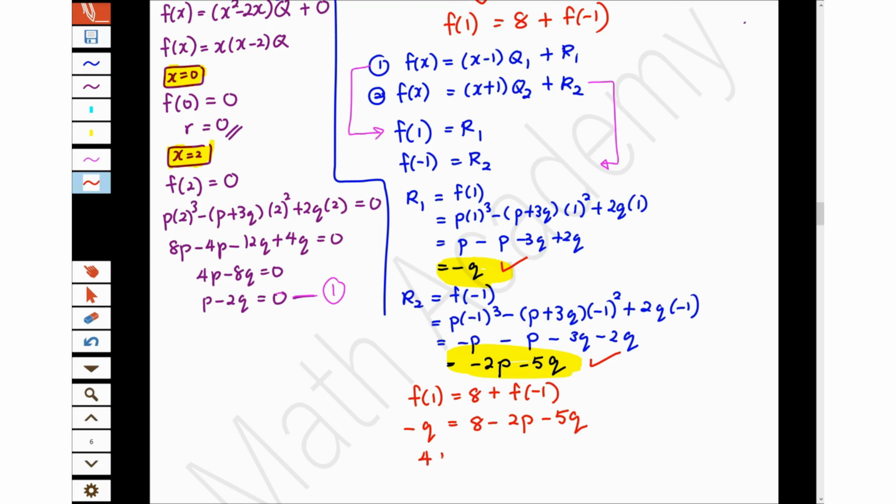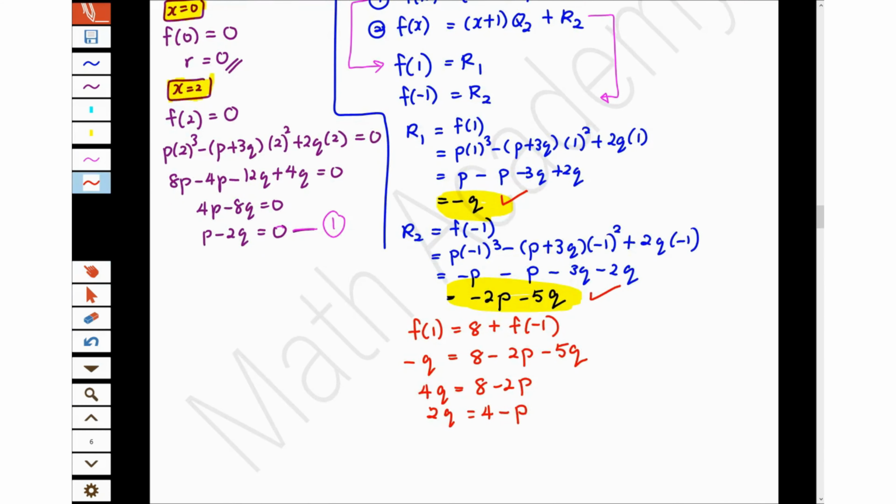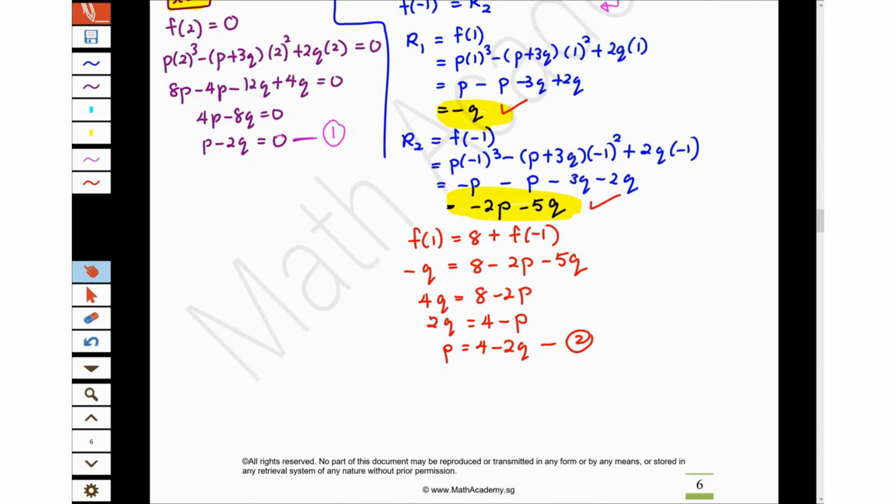So 4q equals 8 minus 2p, divided by 2. I intend to make p the subject. Let's call this equation number 2. Solving simultaneous equations 1 and 2: substitute equation 2 into equation 1.